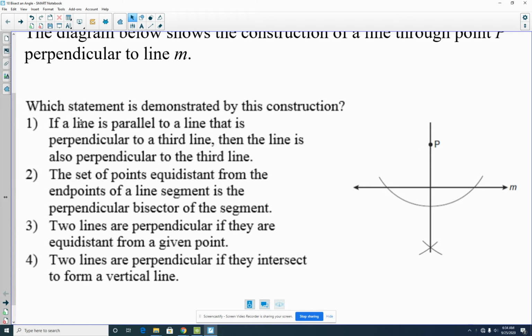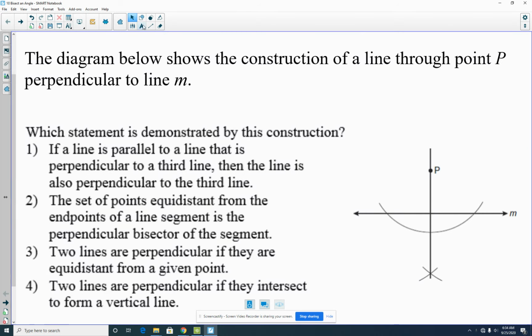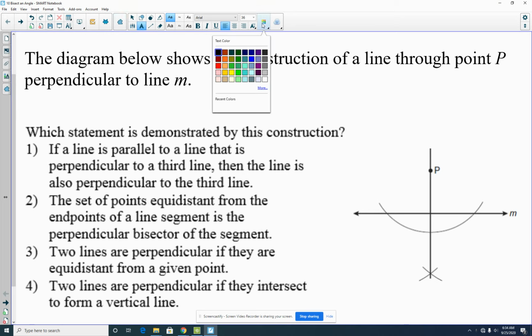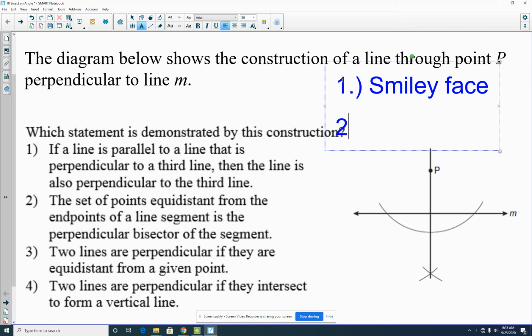So first, before we even go through the answer choices, we're going to answer the question, which statement is demonstrated by this construction? So let's briefly review how you construct a line perpendicular through a given point. We summarize it by first doing our smiley face, and then we do the perpendicular bisector.